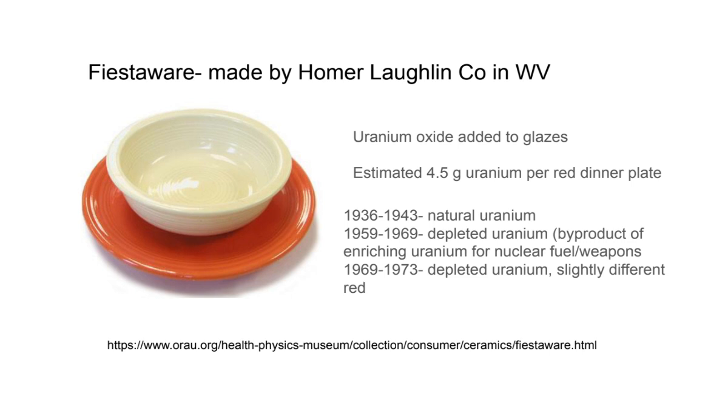It was one of the first Fiestaware plates made, so it would contain natural uranium straight from the earth. World War II then happened, and all of the uranium that we had was used to make nuclear weapons. Because of that, folks who made ceramics had to take the depleted uranium and use that in insulation. So that's what you see later on, 1959 through 69, depleted uranium.